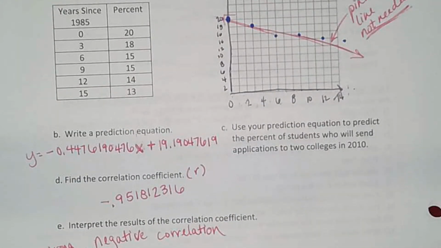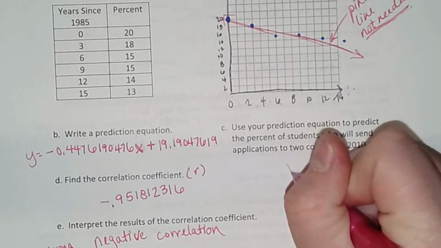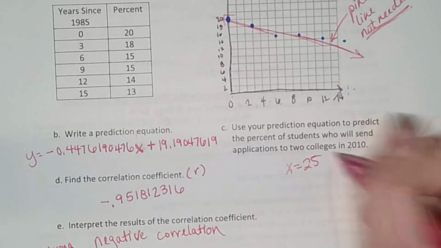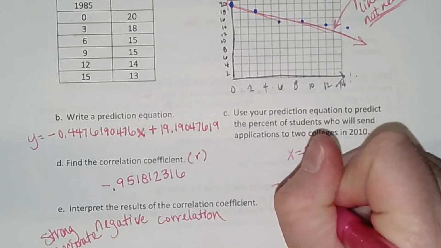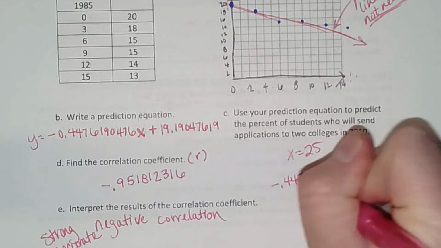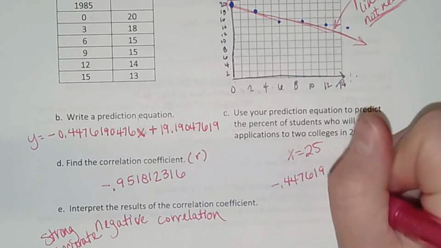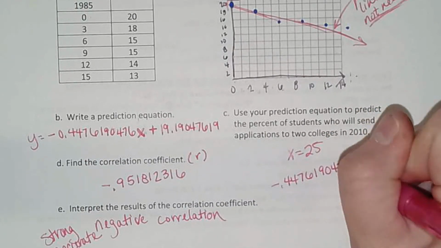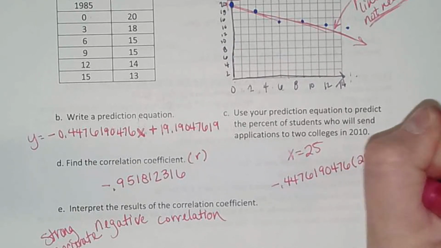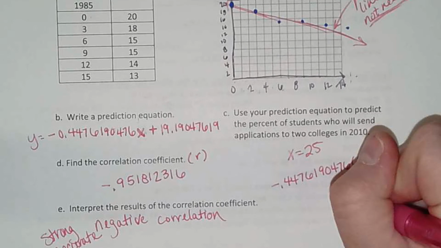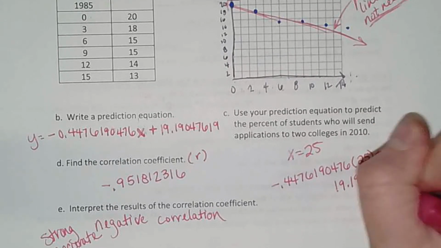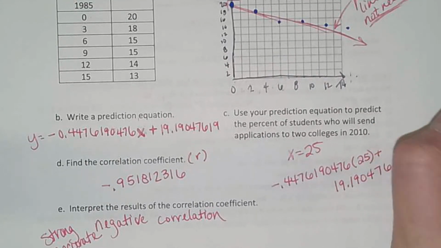So 25 equals X. Then we're going to take that value of negative 0.4476190476 times 25, and then we're going to add 19.1904619.